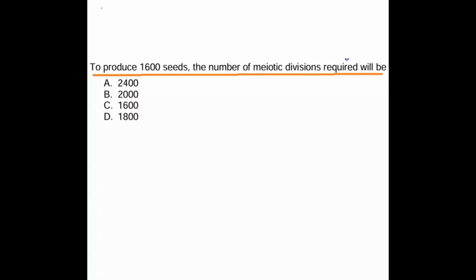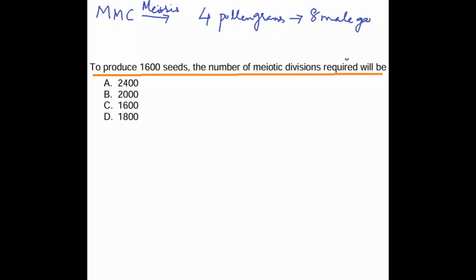There are some known facts: one microspore mother cell will undergo meiosis to produce 4 microspores or 4 pollen grains, and each pollen grain will have 2 male gametes. That means from 4 pollen grains we will get 8 male gametes.